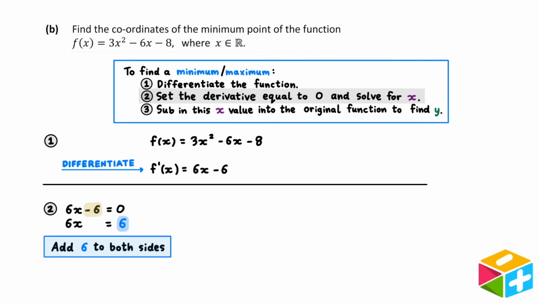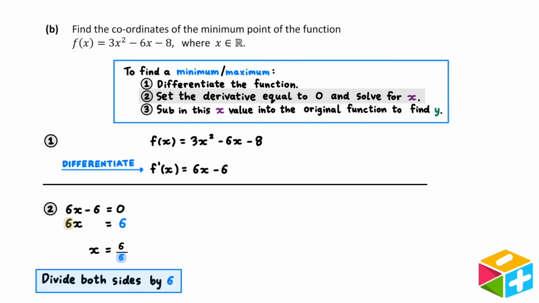The first step is to add 6 to both sides of the equation. The next step is to divide both sides of the equation by 6. So we found x. It's equal to 1.